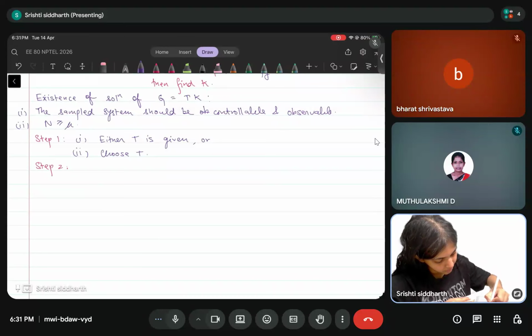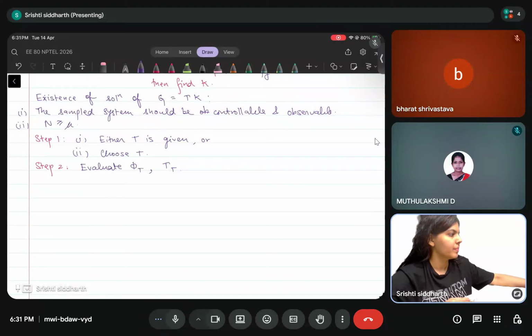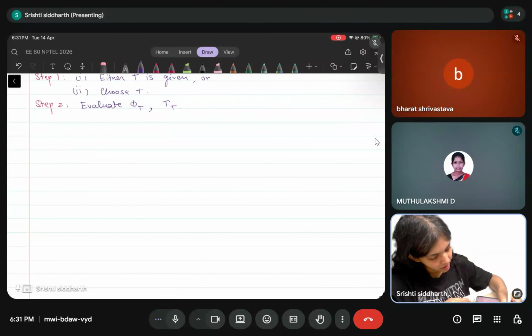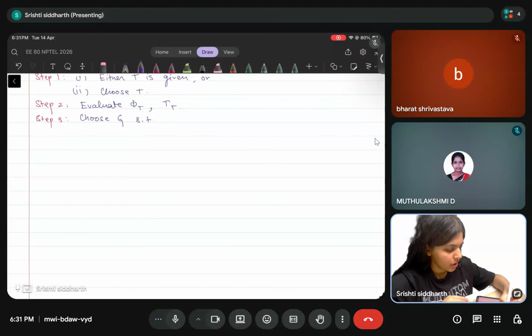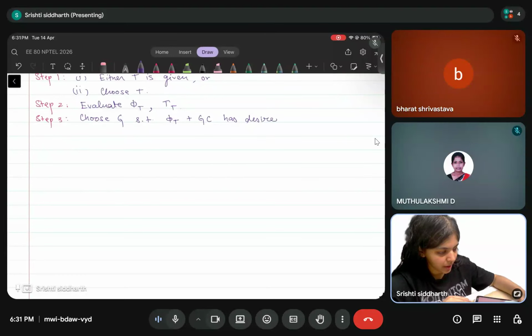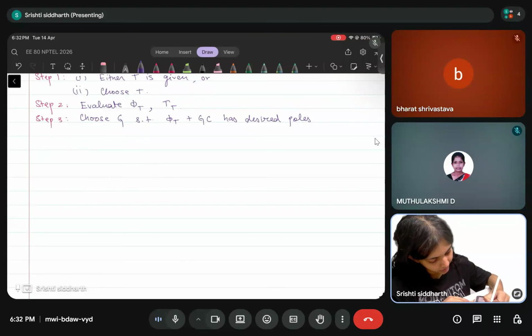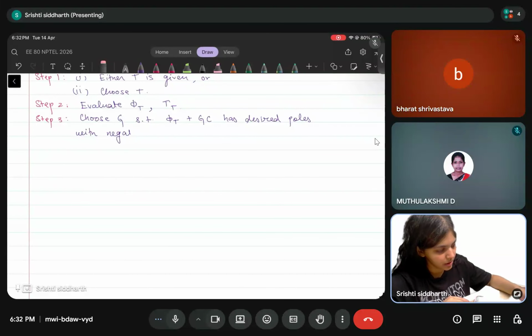So we evaluate phi at time T and gamma with sampling time T. Step 3 is choose G such that phi T plus Gamma G C has the desired poles, or maybe just has the desired location of poles.